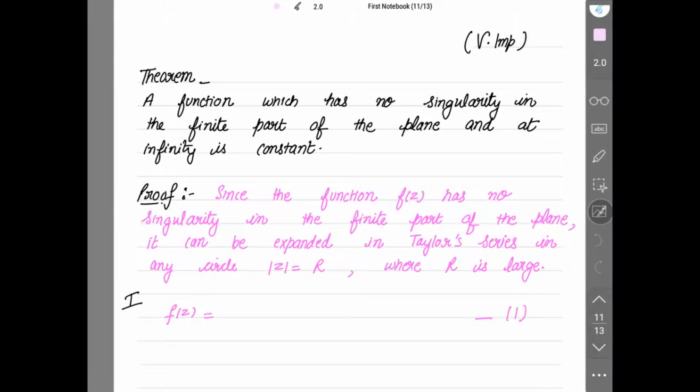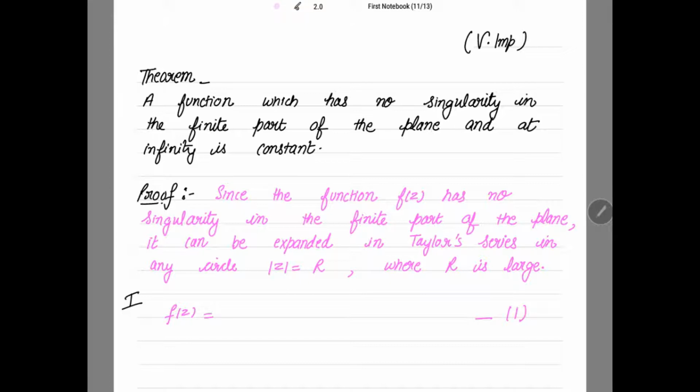Now we are going to start the theorem. A function which has no singularity in the finite part of the plane and at infinity is constant. Here there is a little concept: a function which has no singularity in the finite part of the plane, that means they are talking about the entire function, but they are also saying that this function should have no singularity at infinity.